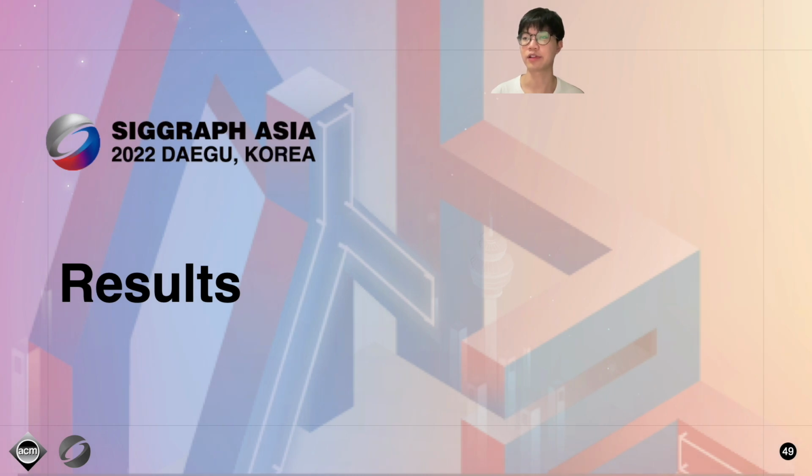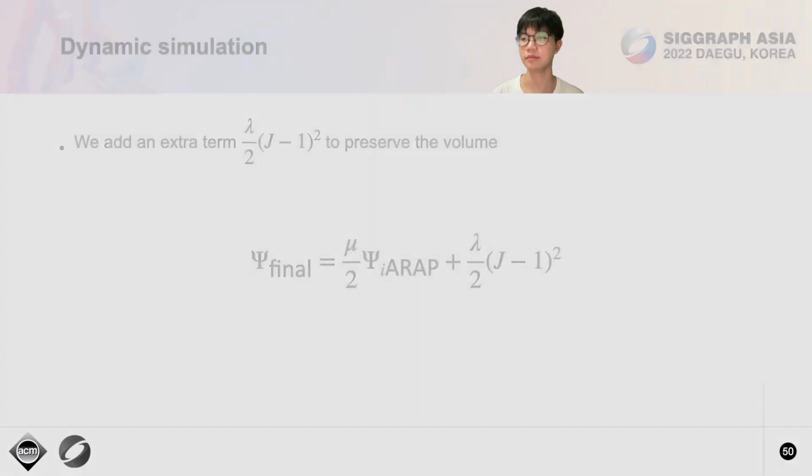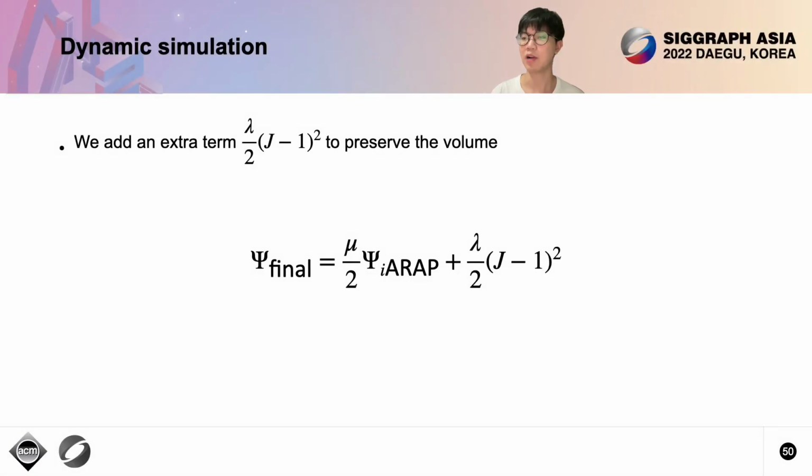Now, I will show the results of our implicit ARAP. First of all, since ARAP energy does not preserve volume, we add an extra volume preservation term. Mu and lambda here are Lamé constants.